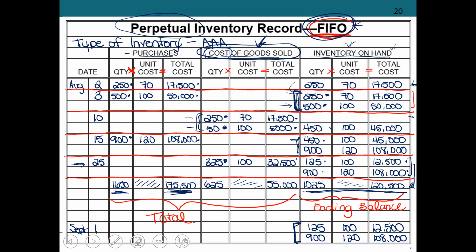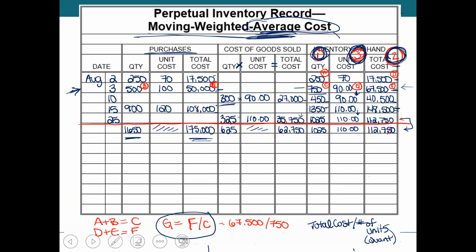If we look at our cost of goods sold, we have 625, that's our quantity, and 55,000 is our total cost of goods sold. That's the total. So if you were asked that in the question, that's what your amount would be. This is your dollar value of cost of goods sold. So 55,000, quantity of 625.